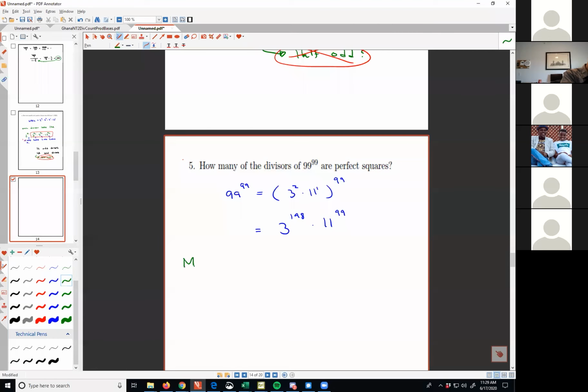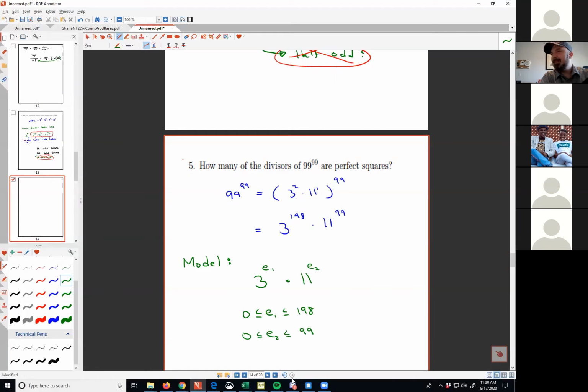It's going to contain at least a power of 3 that is greater than or equal to 0, but less than or equal to 198, and a power of 11 that is greater than or equal to 0 and less than or equal to 99. Good. Okay. Well, how do we fit this to the question?